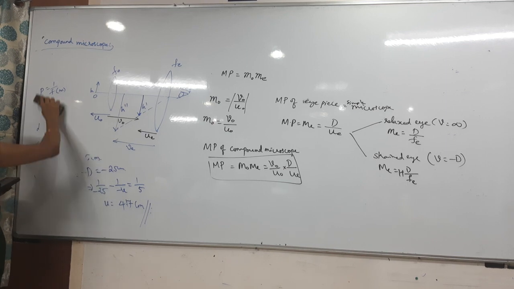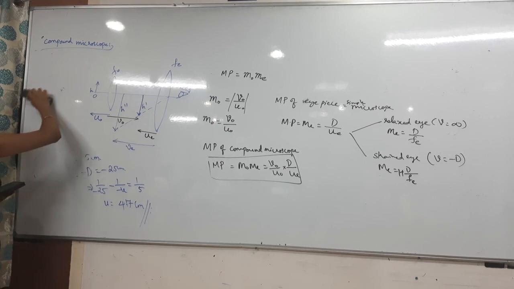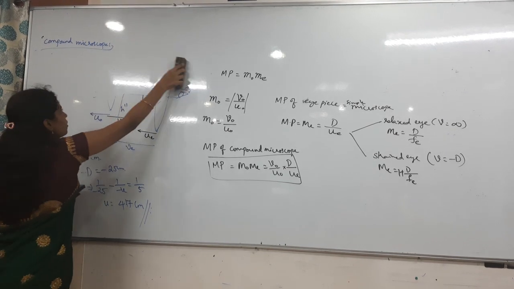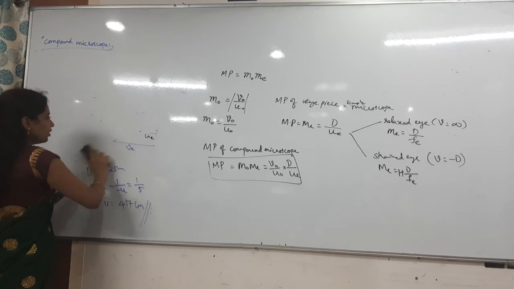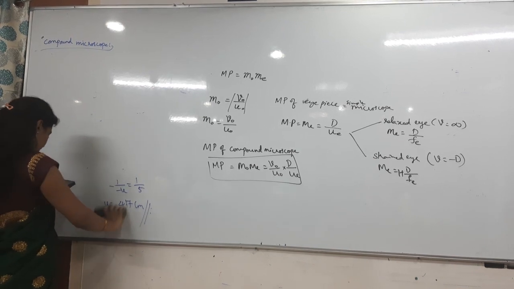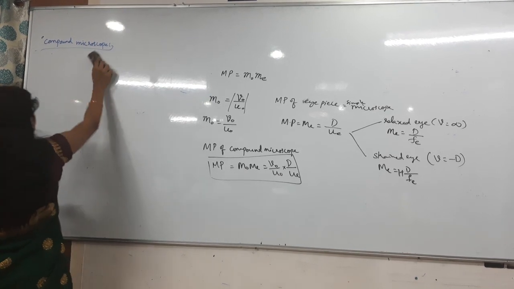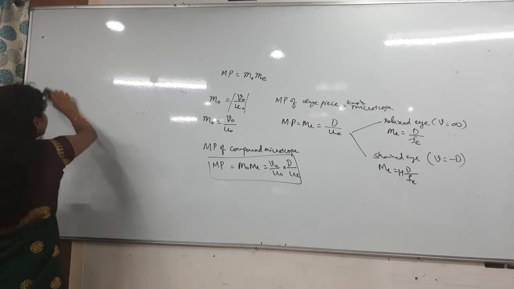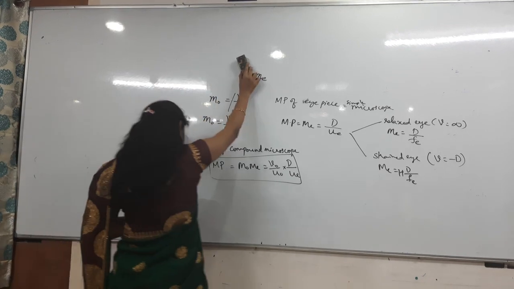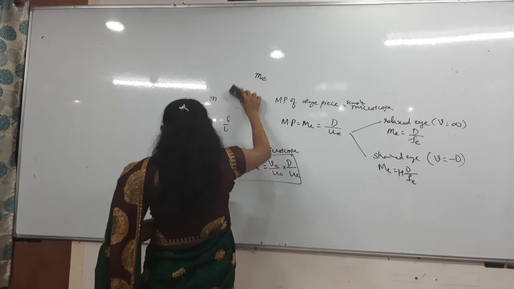If the focal length of the objective and eyepiece are 1 centimeter and 6 centimeters.